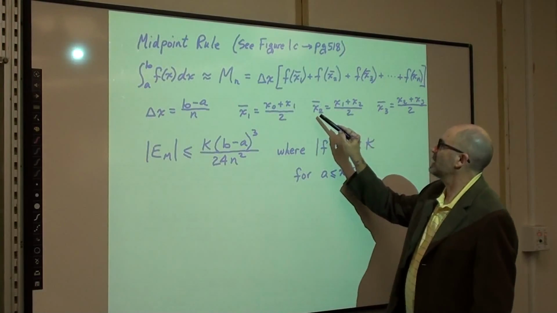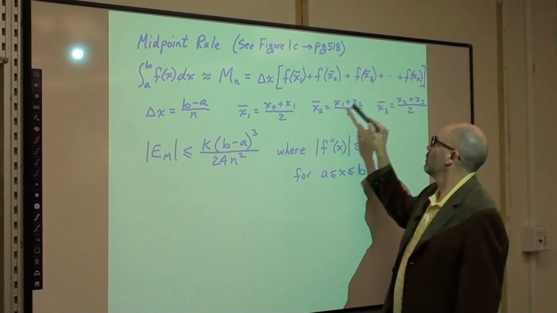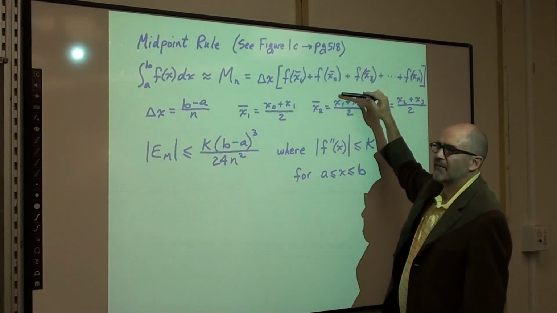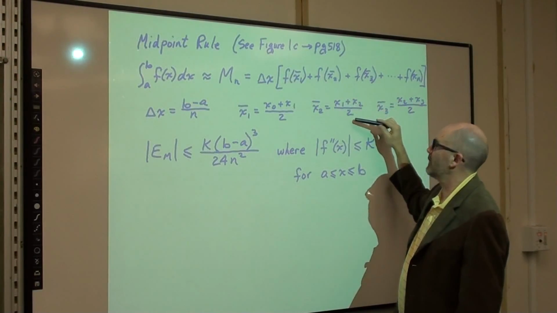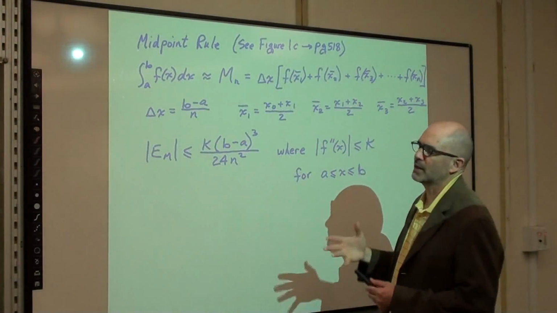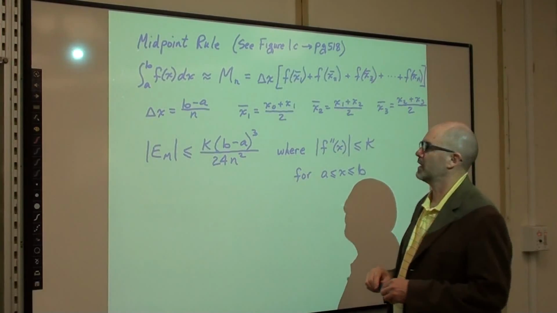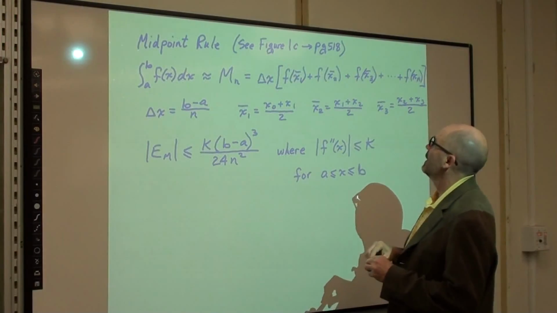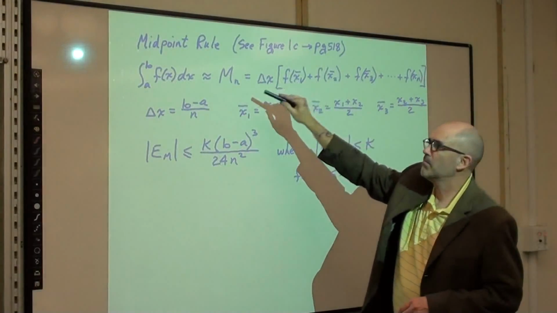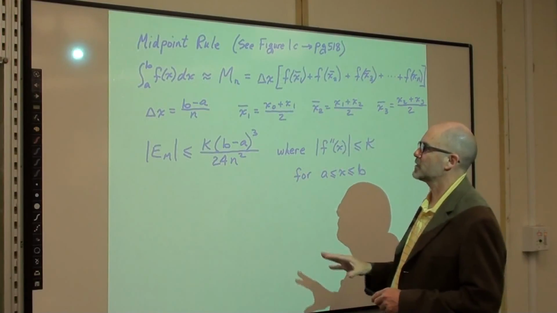And so x sub 2 bar is the average of x sub 1 and x sub 2, or the left edge plus the right edge divided by 2. That gives you the middle. Likewise, x sub 3 bar is going to be the average of x sub 2 and x sub 3. So, now when you add each rectangle up, you're going to get the midpoint approximation of the entire region.